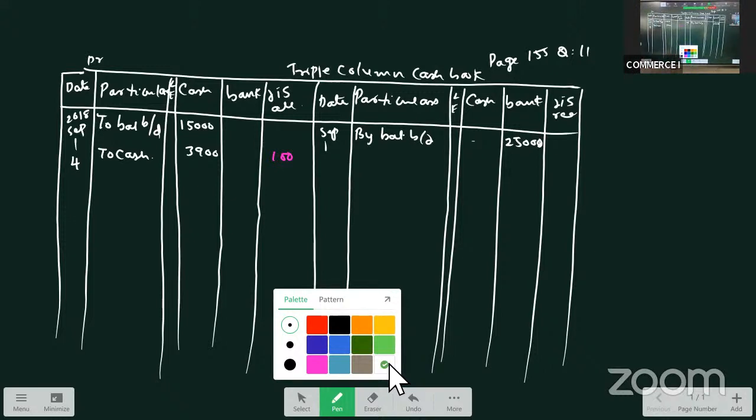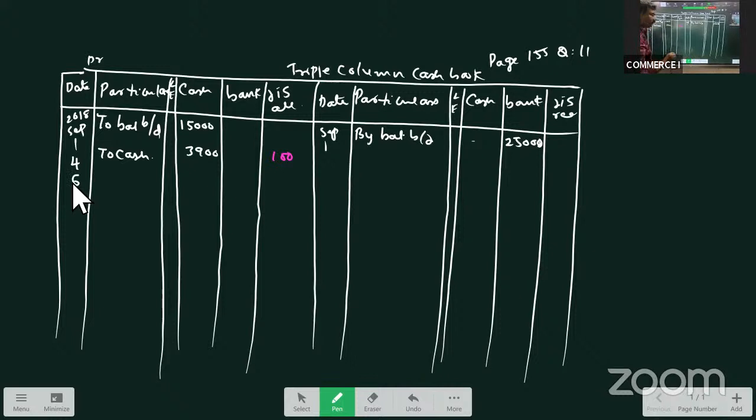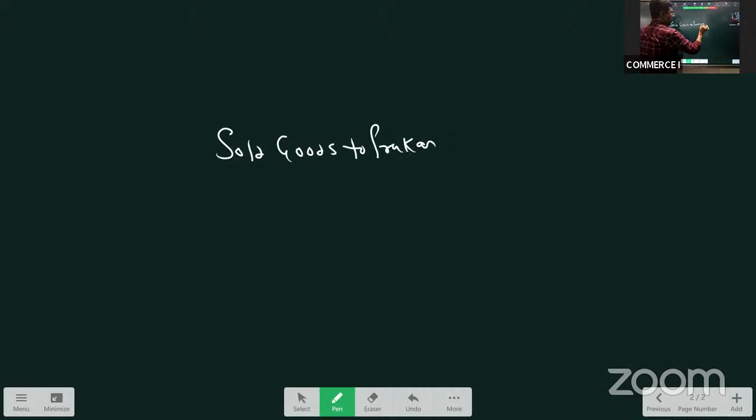Next, goods sold to Prakash for cash. Now here, pay attention. अगर suppose entry सिर्फ ऐसा रहता था, sold goods to Prakash, then we will not take this entry in the cash book because it is a credit transaction.